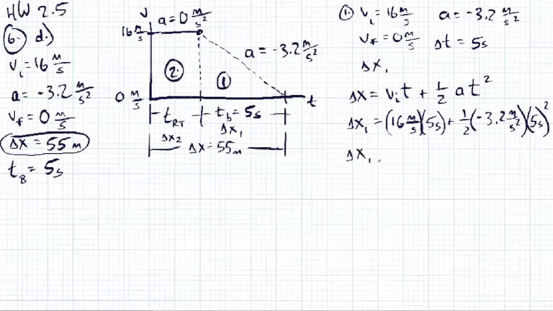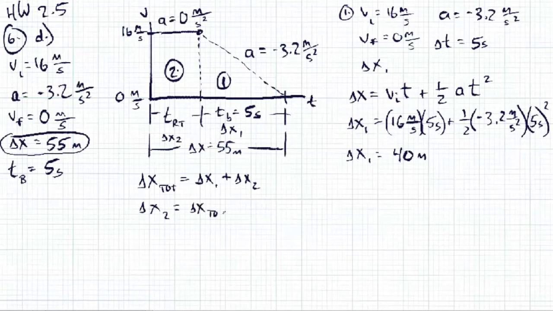If we punch that all in and calculate it out, we're going to get a delta x, or a displacement 1, of 40 meters. So if we go back over here, that means that our displacement total is going to be displacement 1 plus displacement 2, which really means that our displacement 2 is going to be our displacement total, and you probably already figured out where I'm going with this, minus displacement 1.